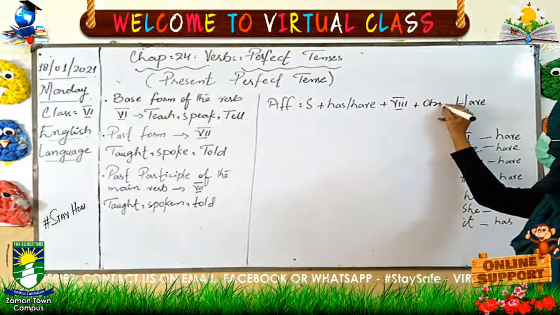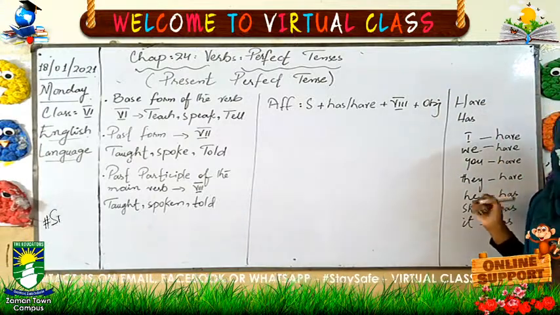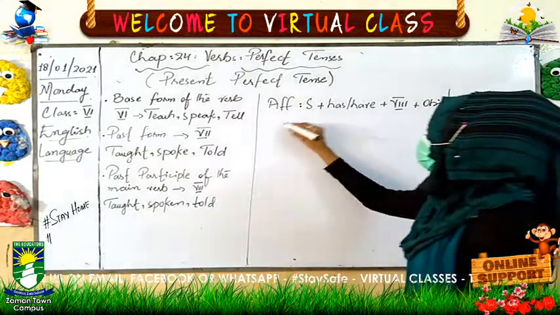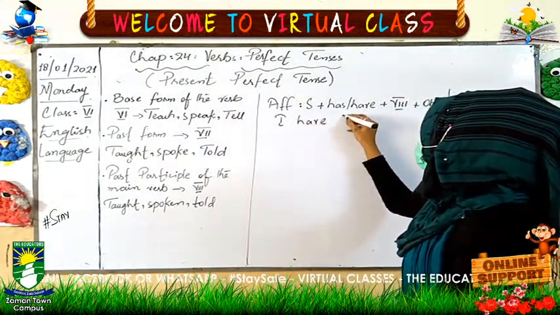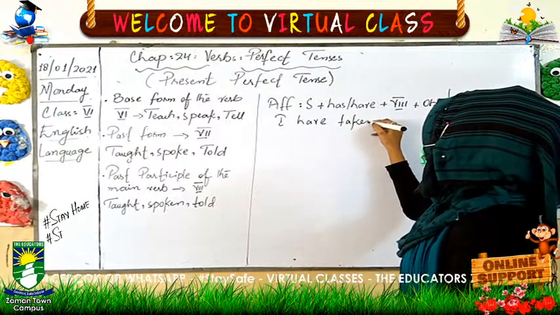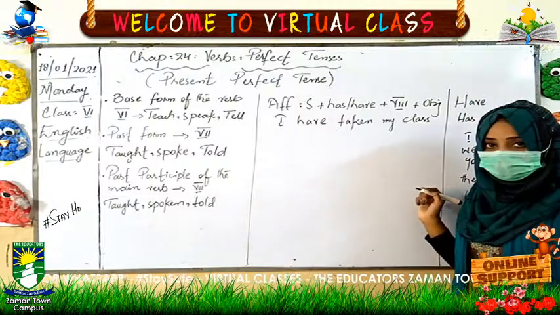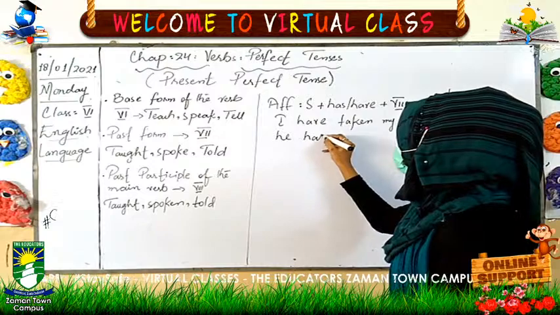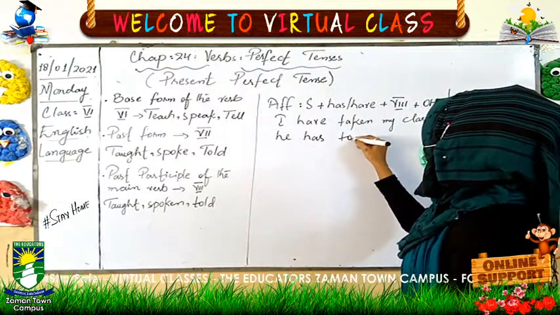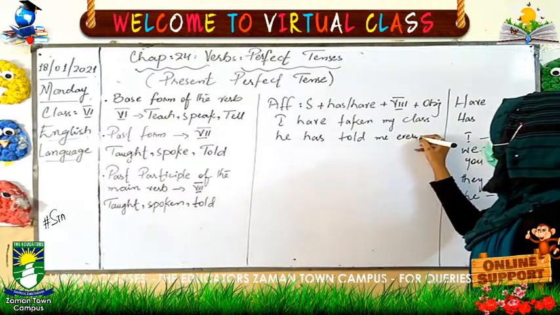Then object. So what will be the sentence? For example, I have taken my class. For example, he has told me everything.